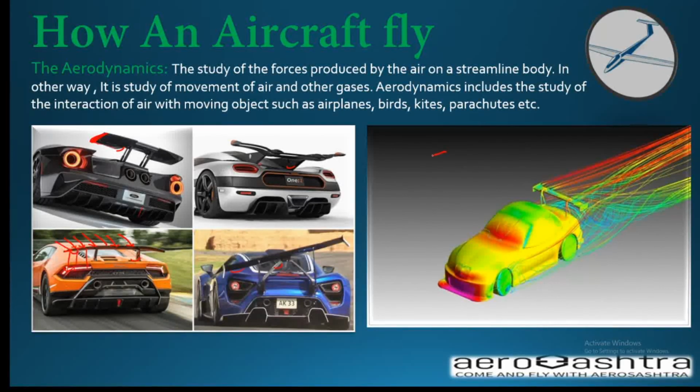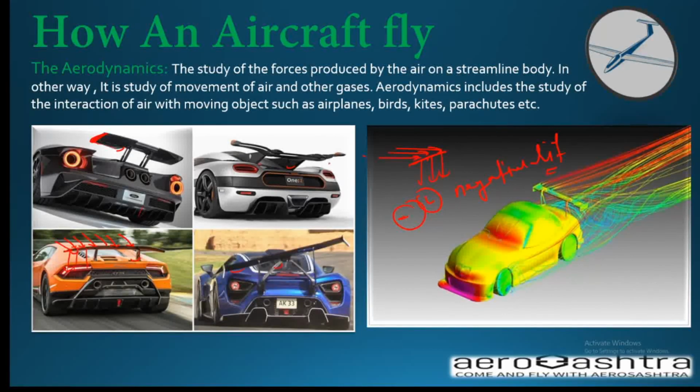This is your spoiler and it is tilted like this, and this is your front view. Your spoiler is like that. So, the velocity will be like this, and one component of this force will be in this direction. So, basically this is nothing but the negative lift.